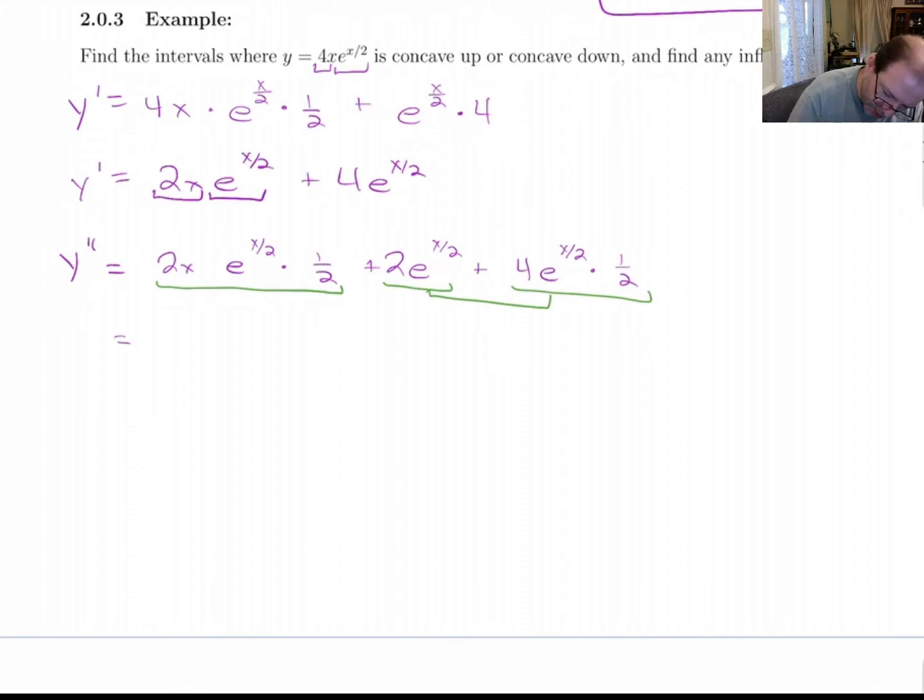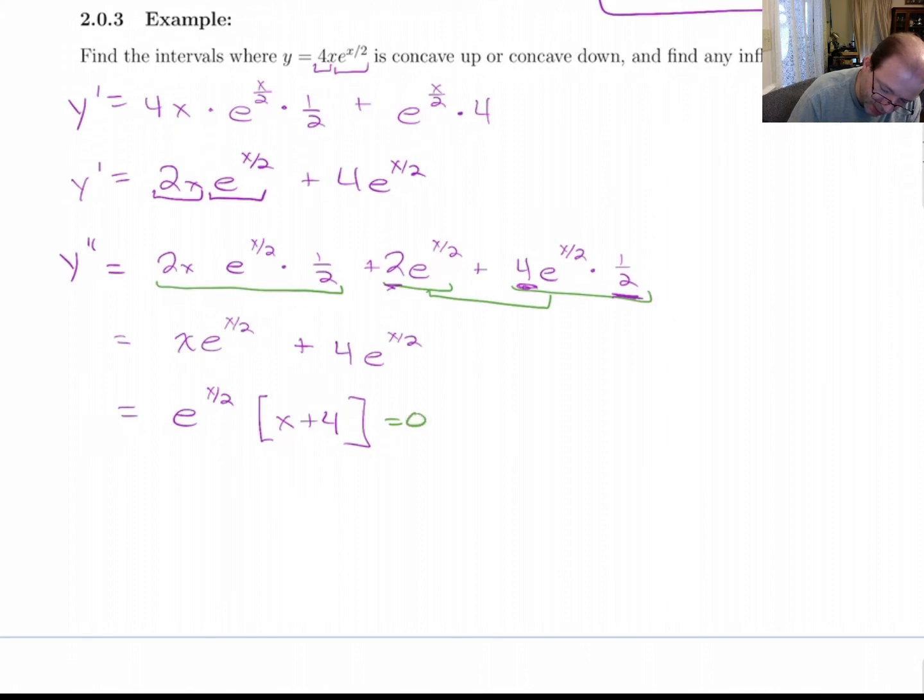So this first one is just x e to the x over 2. And the others together, 2 and 2 gives you 4 e to the x over 2. Now I can factor out e to the x over 2, and I'm left with x plus 4.